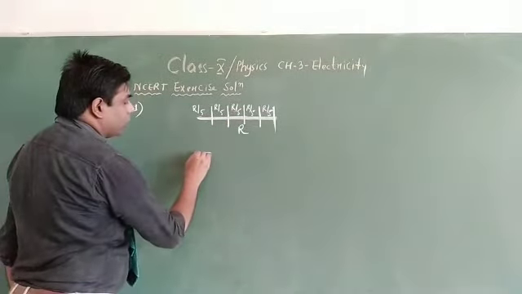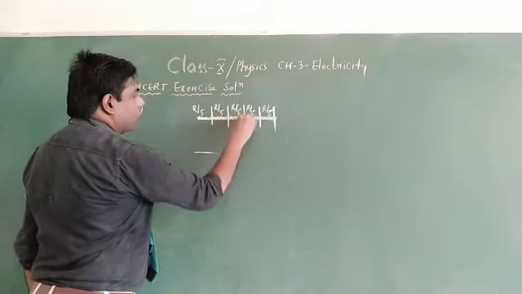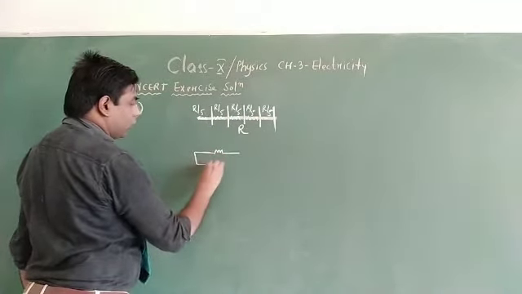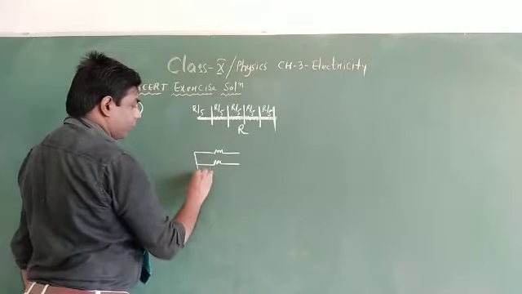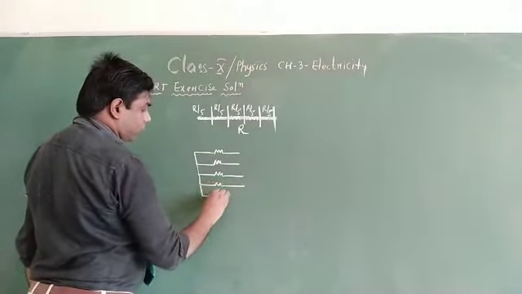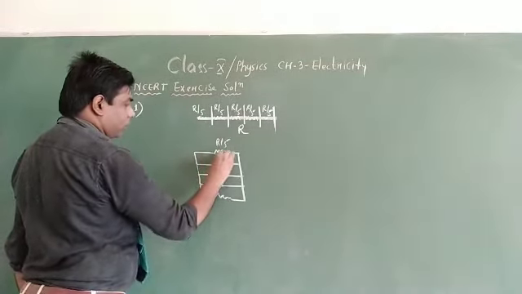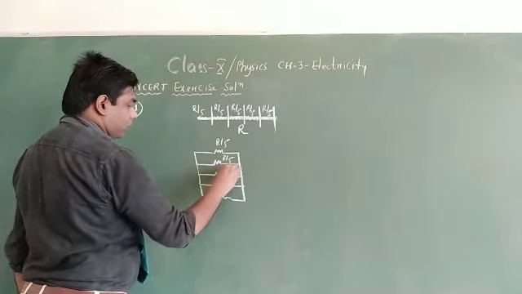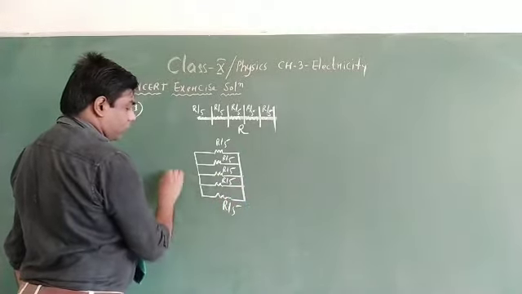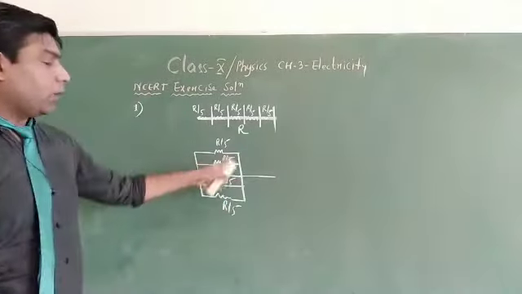Means they are connected in parallel. The parallel combination is R dash.